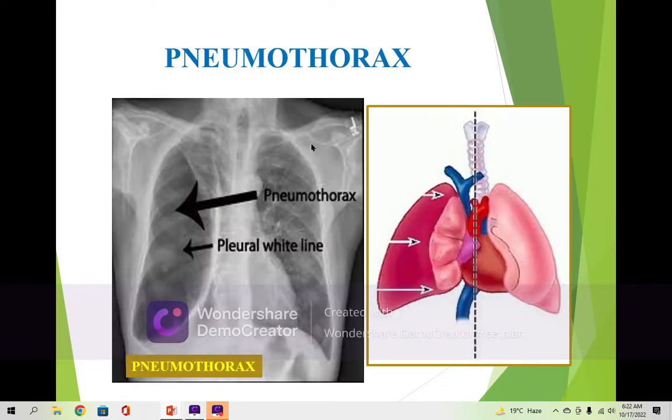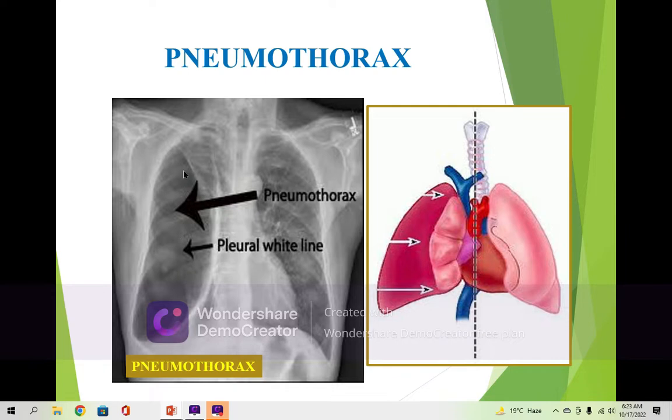So this is pneumothorax as far as the X-ray is concerned. This is a standing view, frontal projection. Here there is absolute hypertranslucency, and here you will see a very grayish white line going.